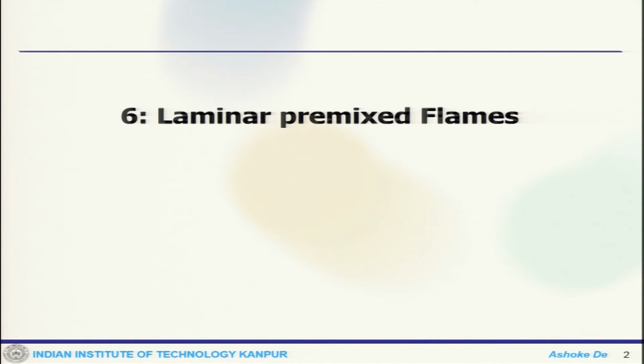One is premixed, that means my fuel and air are already mixed. So, that means they are mixed a priori and then sent to the reacting zone or combustion zone or combustor.